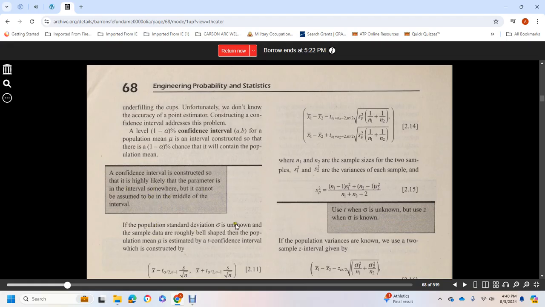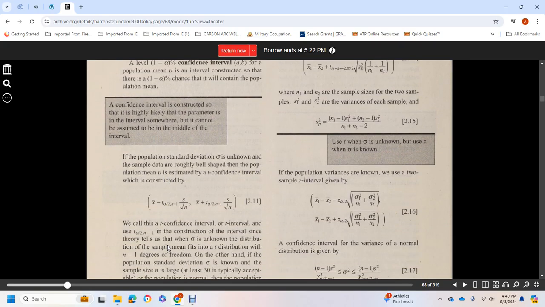If the population standard deviation is unknown and the sample data is roughly bell-shaped, the population mean mu of a normal random variable is estimated with a t confidence interval, which is constructed as x-bar minus t alpha over 2, n minus 1, times s over the square root of n, to x-bar plus t alpha over 2, n minus 1, times s over the square root of n.